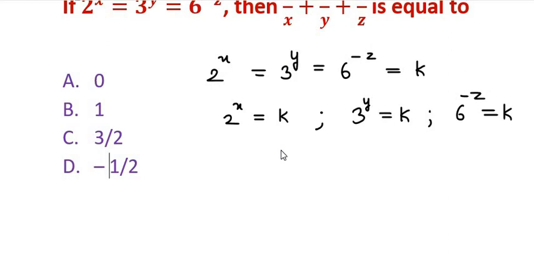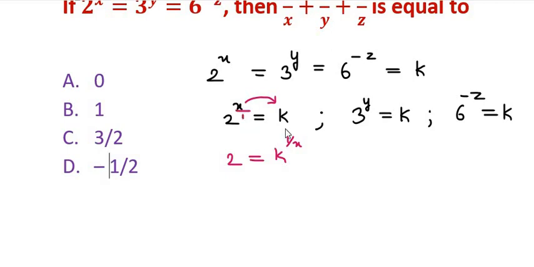Now according to the laws of indices, whenever we shift the power from one side of the equal to sign to the other, the power becomes the reciprocal. So what happens here is 2 equals k to the power of 1 over x, since here it was x over 1.